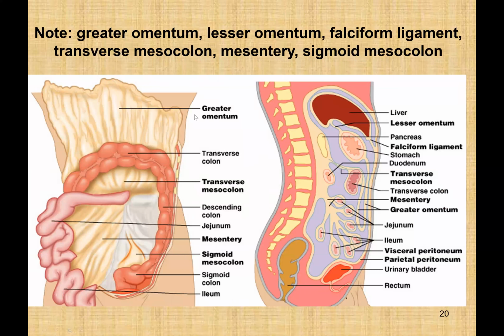So this is just to show us the greater omentum, and then we can see the transverse mesocolon, the sigmoid mesocolon, and then the mesentery. We call it mesentery proper when it is connecting the small intestines, whether the jejunum, the duodenum, or the ileum, to the abdominal wall.